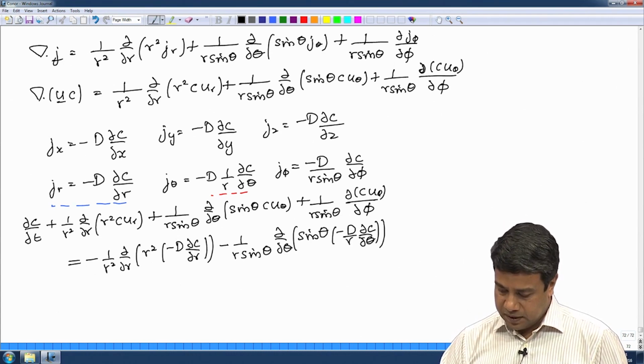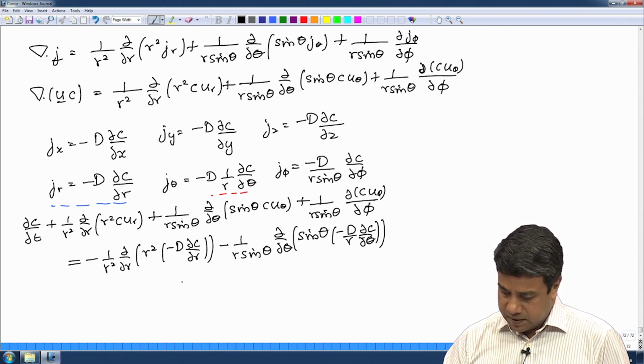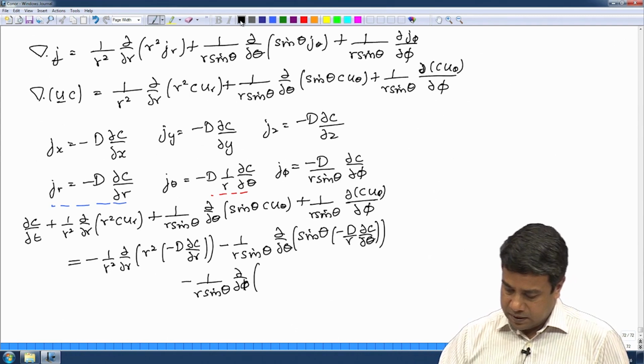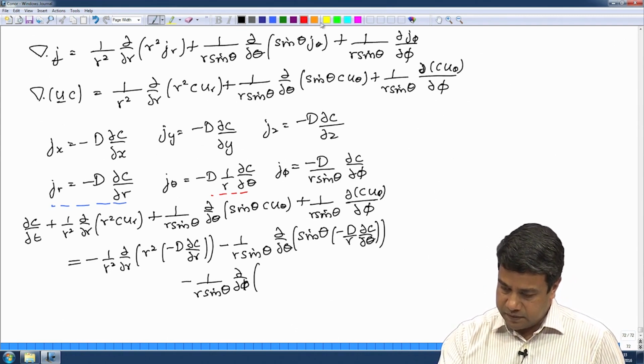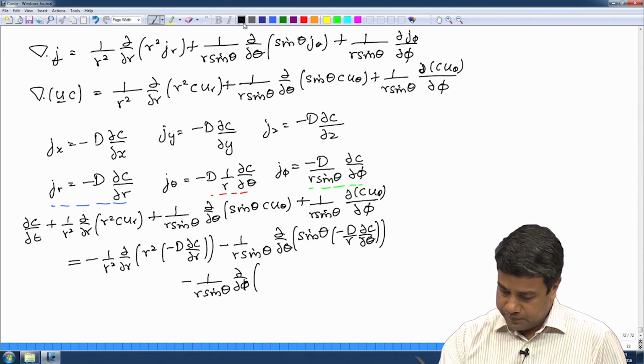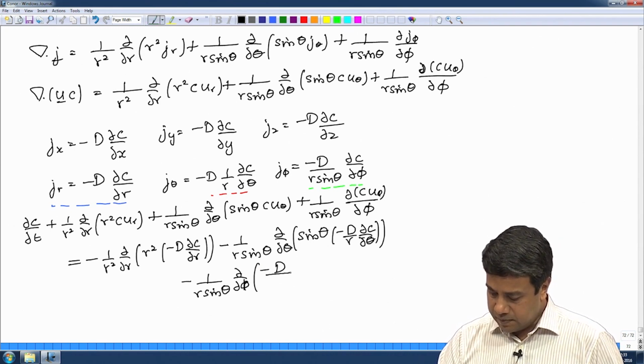And the third term is minus 1 by r sin theta d by d phi of j phi, which is given by this, minus d by r sin theta partial c by partial phi.